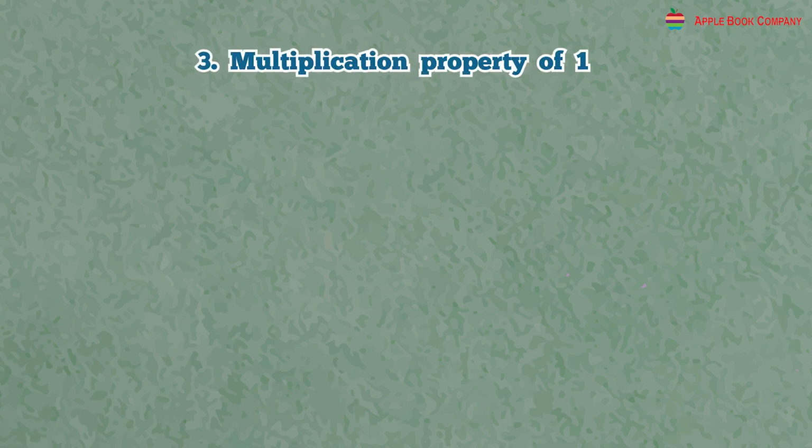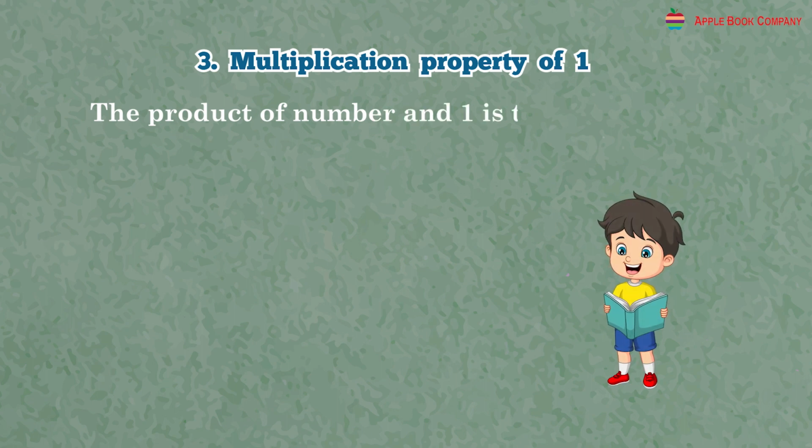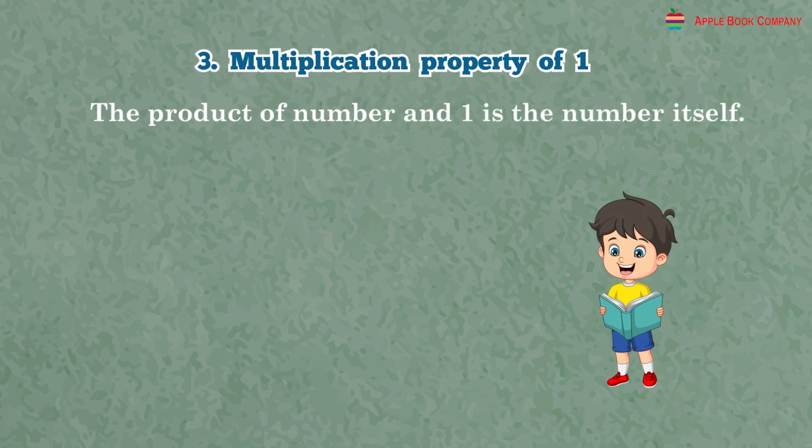Multiplication property of 1. The product of a number and 1 is the number itself.